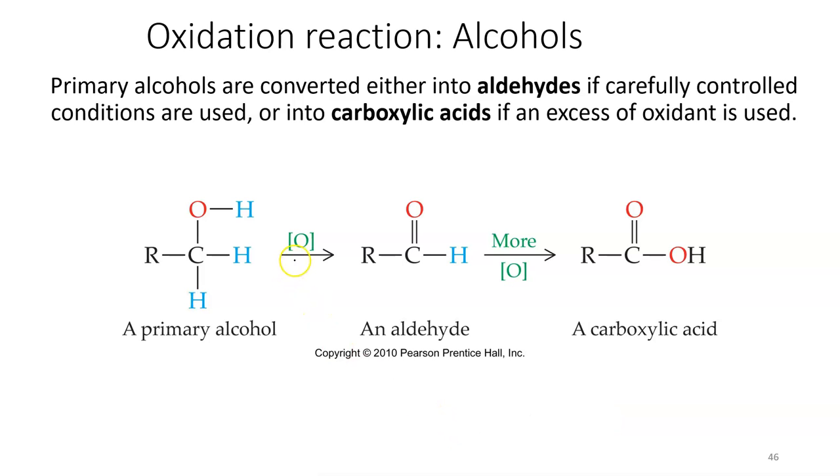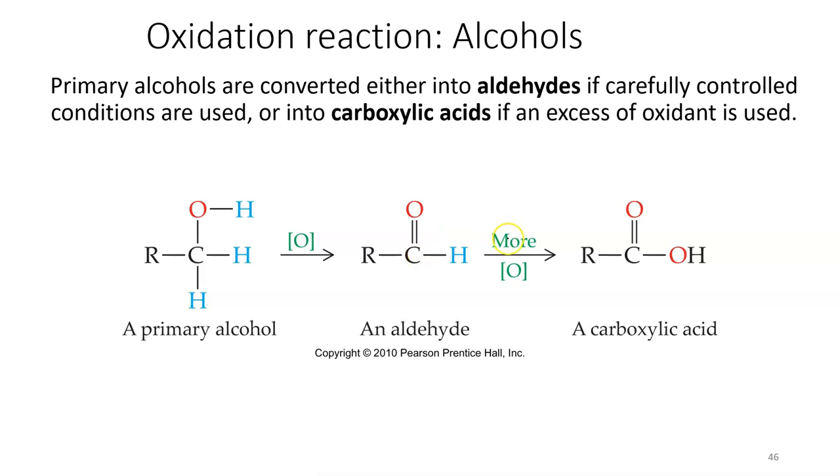If we have a primary alcohol, we start with that alcohol and it is at the end of a chain. So it's attached to 2 hydrogens. So we can do one reaction where we can create now what's called an aldehyde, and this is when it's that same carbonyl group, double bonded carbon to oxygen, but it's on the end of a chain and we have an extra hydrogen there.